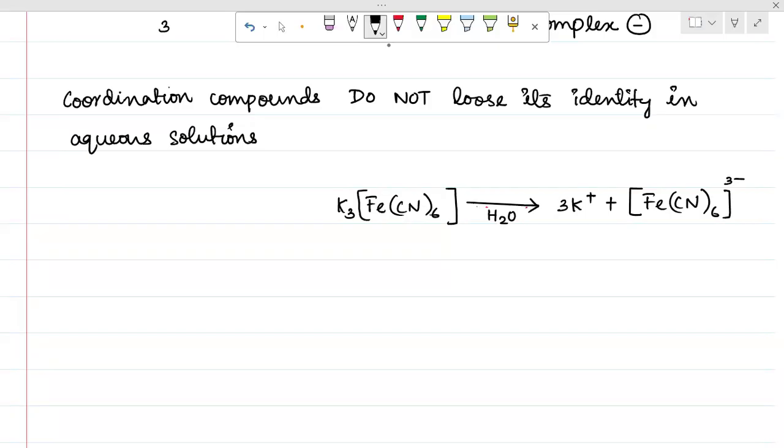It won't exist as 3 potassium, then 6 cyanide coming out, and then iron in plus 3. No, this is wrong. The ions present inside the coordination sphere won't dissociate in water. Whatever is inside the coordination sphere will remain intact. I hope that is clear. So it does not lose its identity.